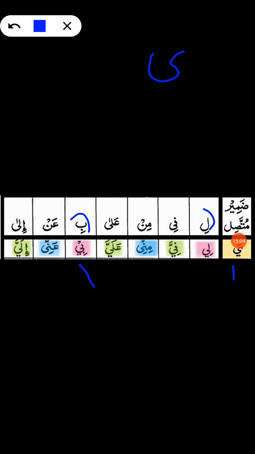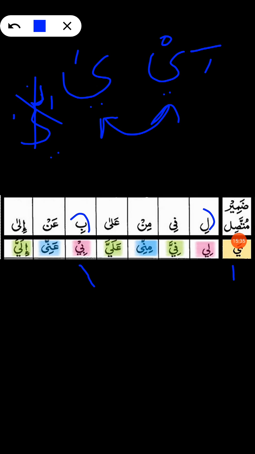You can have ya with sukoon, but in this case it has to be preceded by a letter that carries a kasra. Then there is a type of ya mutakallim that is like this. And then there is a ya mutakallim that has a noon wiqaya with it, and that is for your harf and fail. We're not concerned with this form just yet. These two are our major forms.